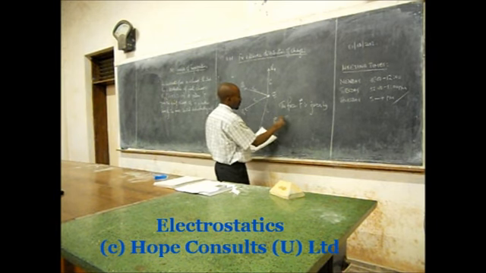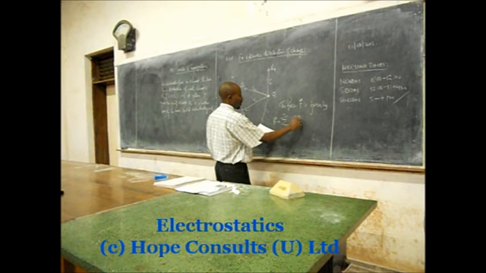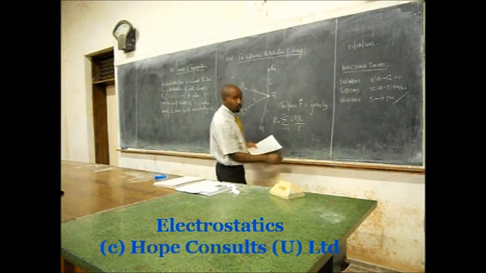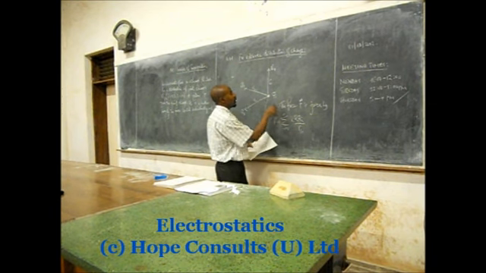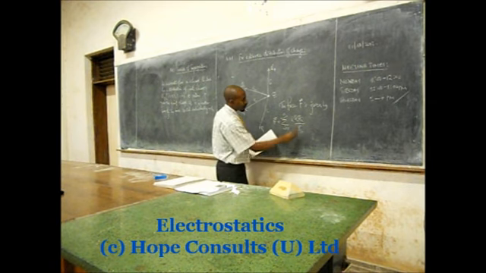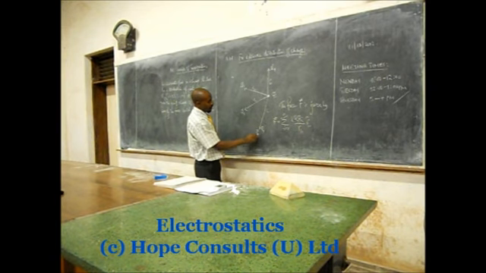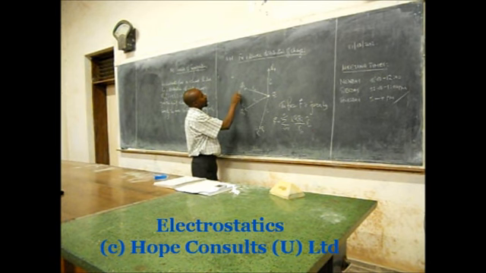We are summing from i equal to 1 up to n of k Q naught Qi, where Qi is Q1, Q2, Q3, Q4, divided by the distance between any of these charges and the charge at 0, squared, times Ri0 roof, because all these forces are along these directions: R10 roof, R20 roof, R30 roof.